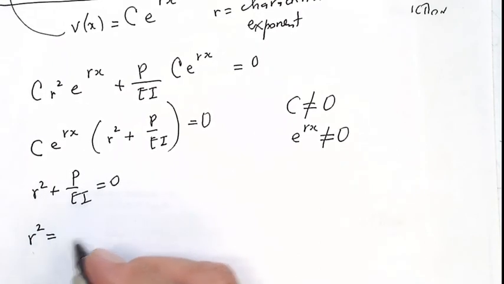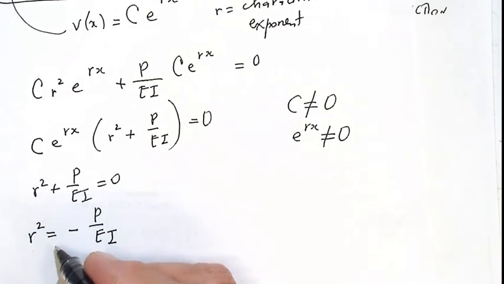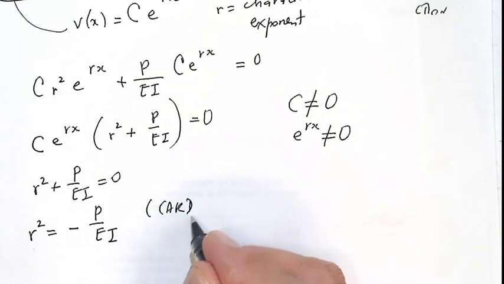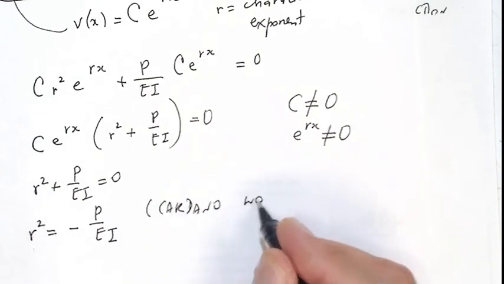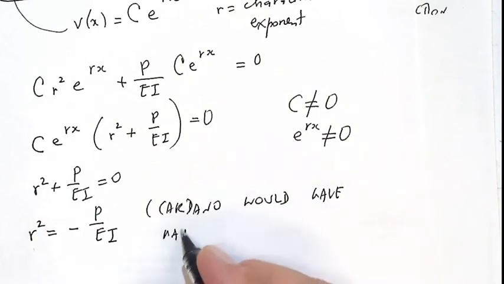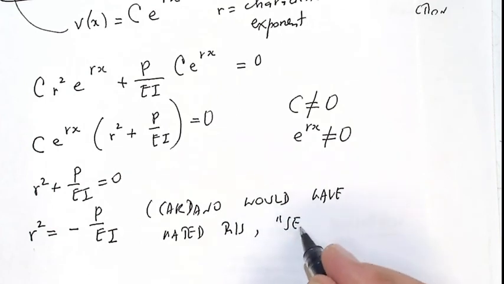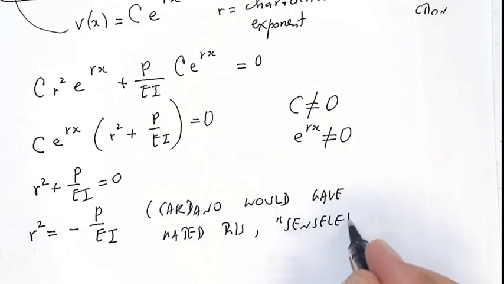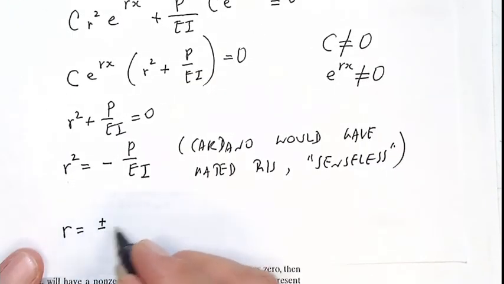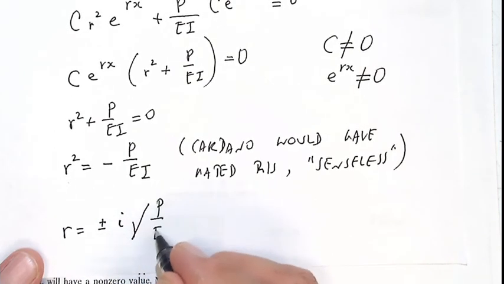That means r squared equals minus p over EI. Oh, I'm squaring r and get something minus. Of course, Cardano would have hated this, calling it senseless. Okay, then r equals plus minus i square root of p over EI.